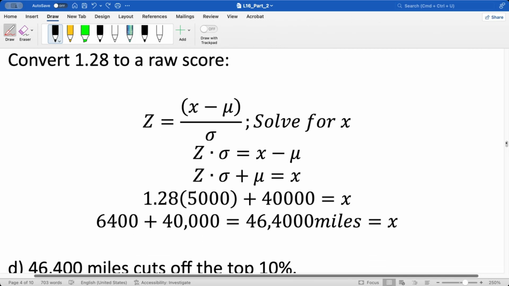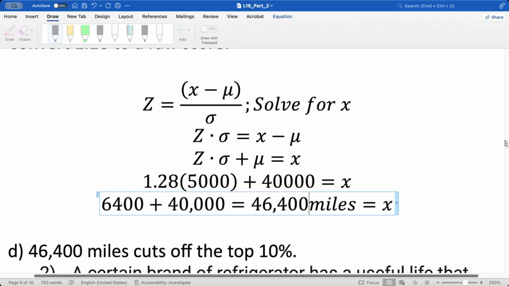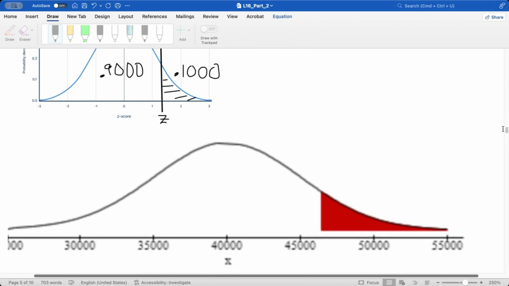So it's 1.28 times 5,000 is 6,400 plus 40,000 is 46,400 miles. So 46,400 miles cuts off the top 10%. So that's this graph here.